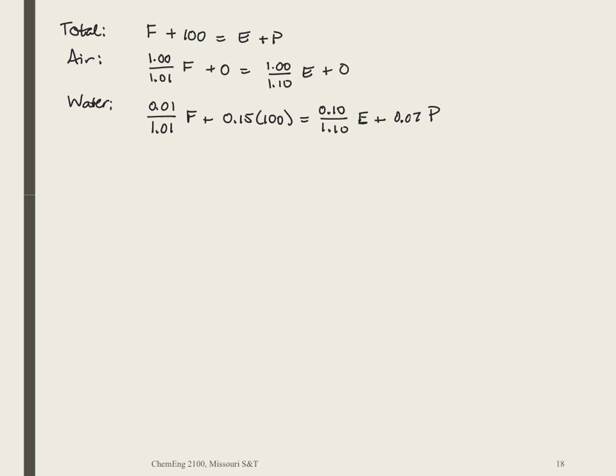So I have the unknowns F, E, and P. I have 3 equations that have only those 3 unknowns. I could also write the balance on the solid material. Okay, and I need to solve these. Now, this isn't really that bad.